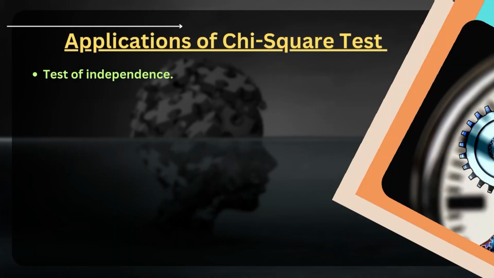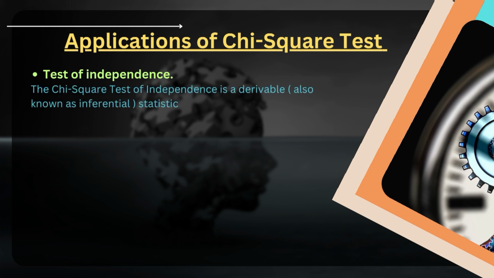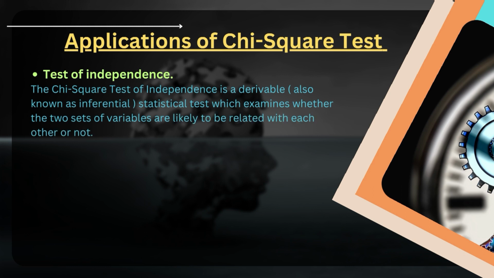Now, come to the second application of chi-square test. Second application is test of independence. The chi-square test of independence is a derivable, also known as inferential, statistical test which examines whether two sets of variables are likely to be related with each other or not.